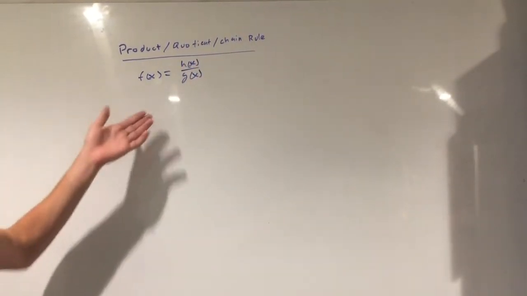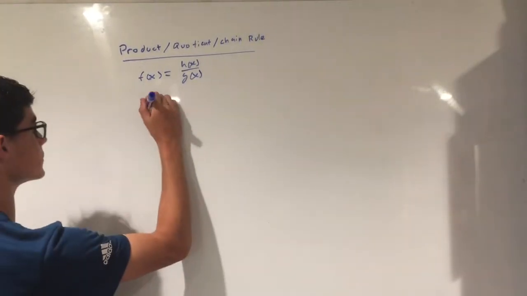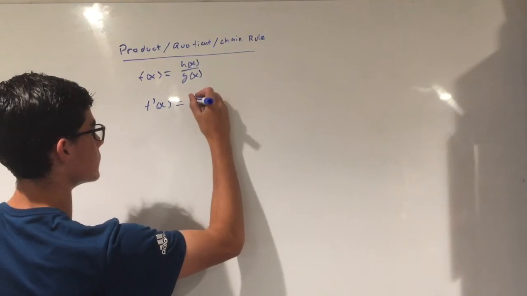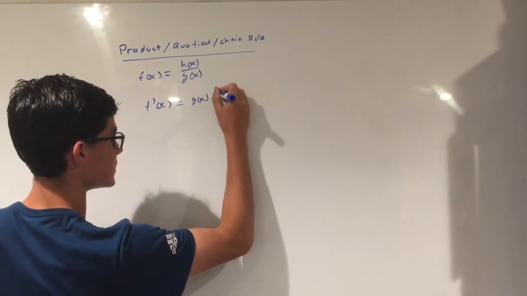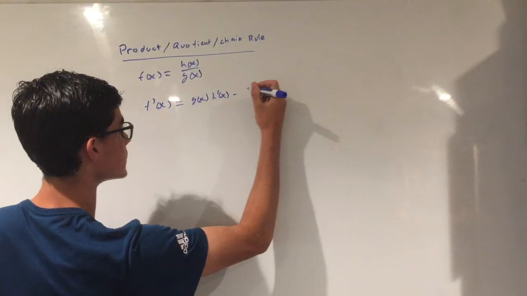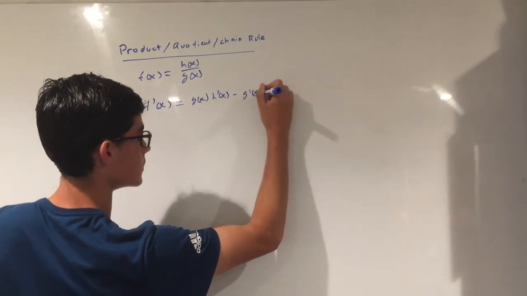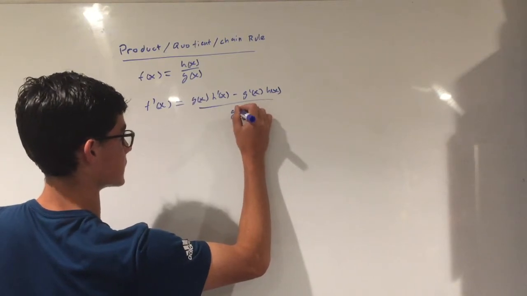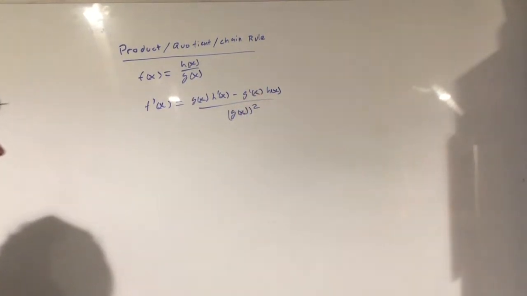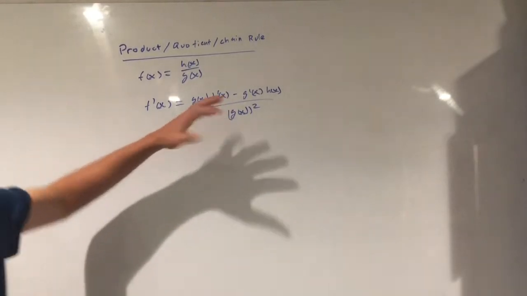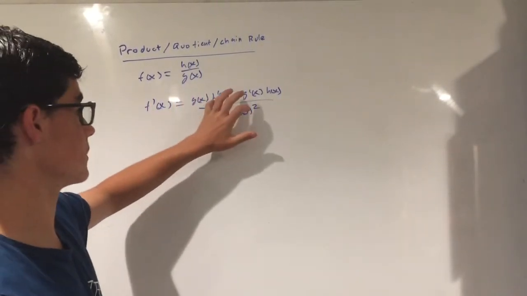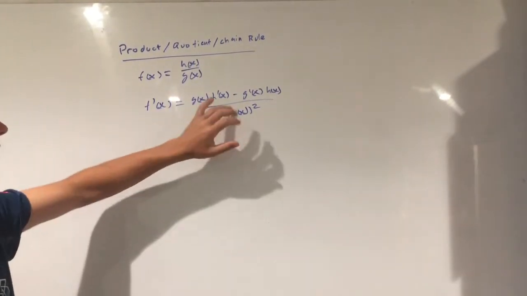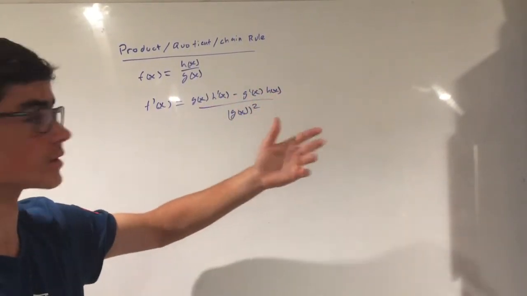And so when we take the derivative, the quotient rule allows us to write that derivative as g of x times h prime of x minus g prime of x, h of x all over g of x squared. Now in this case, unlike the product rule, the order between these two terms does matter, and so we do have to be careful on which one we take the derivative of first.